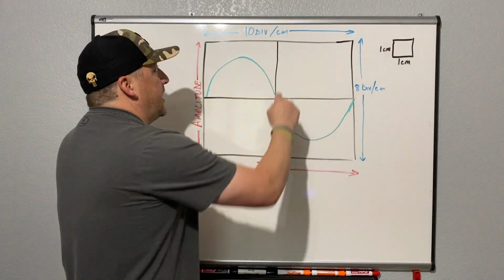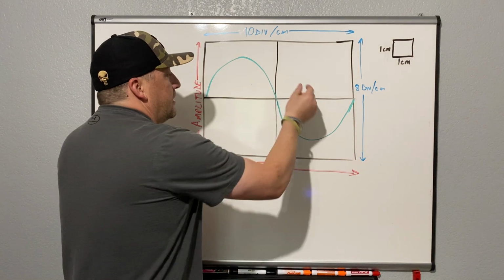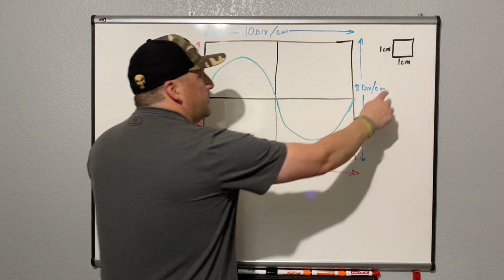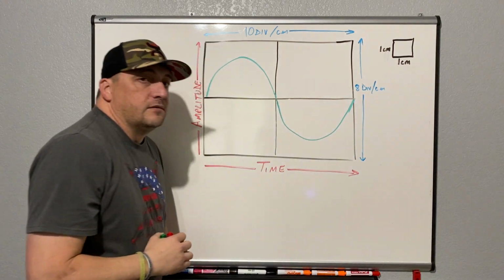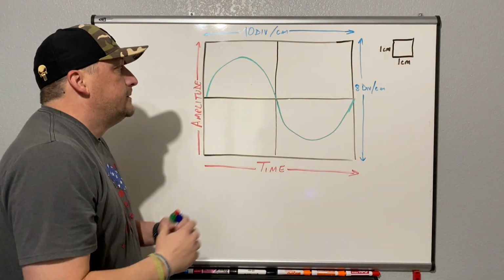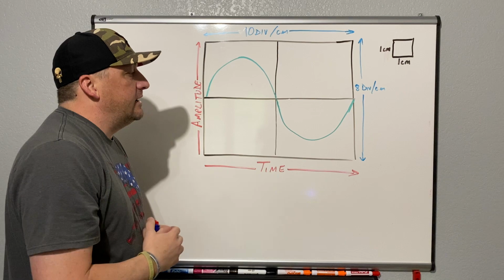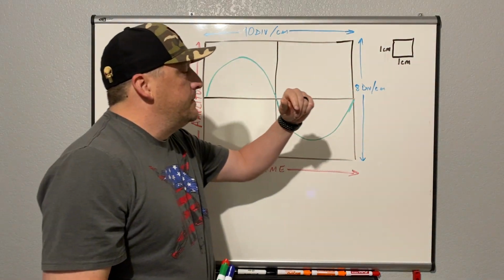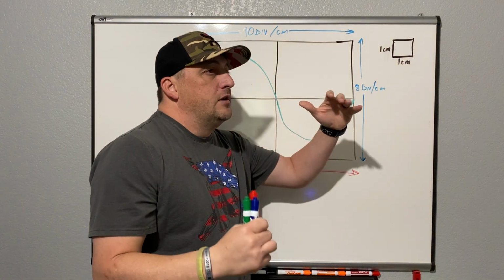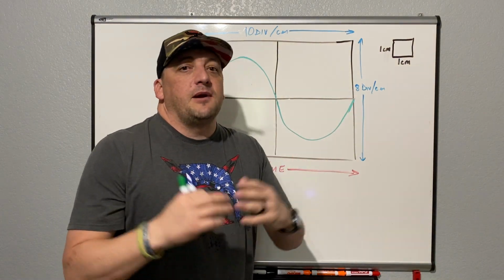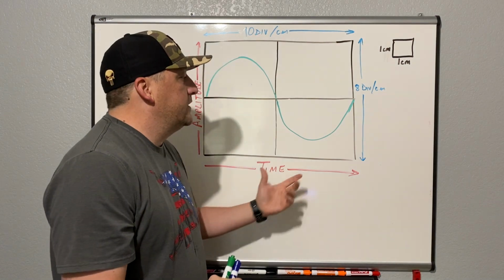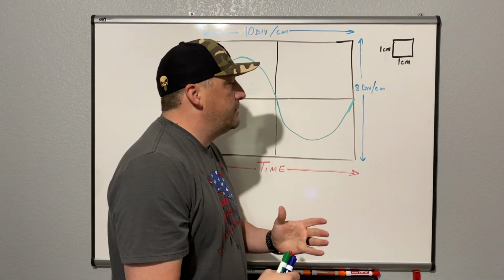Okay, it just so happens that each one of those little sub-quadrants is a 1 centimeter by 1 centimeter measurement. So there may be some questions asking you how many centimeters, how much time, how much amplitude, how much voltage, something like that. Hopefully this will help clear you up on that.